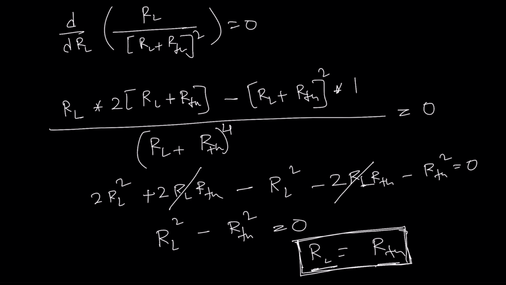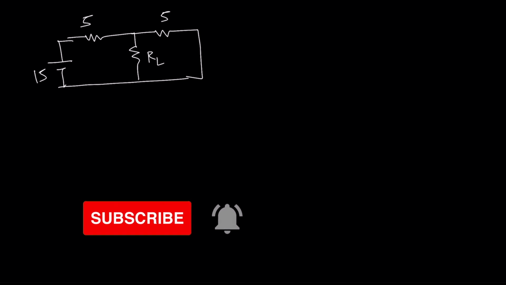AC is different. Okay, now suppose let's consider a problem. This one: 15 volt, 5 ohm, 5 ohm, and this is RL. Okay, and they ask you to find the value of RL such that the maximum power will flow from the source to load, right?